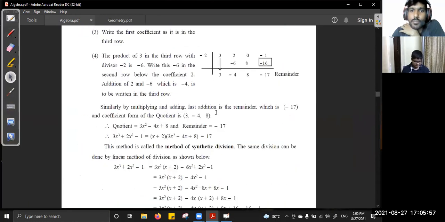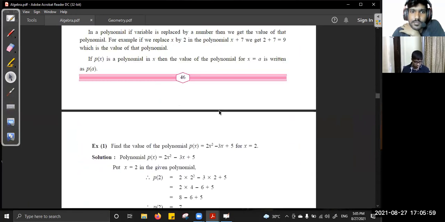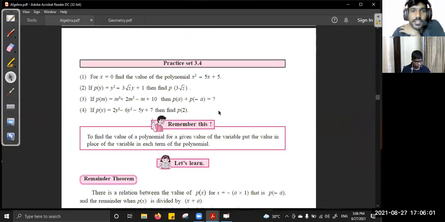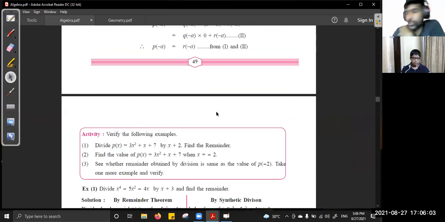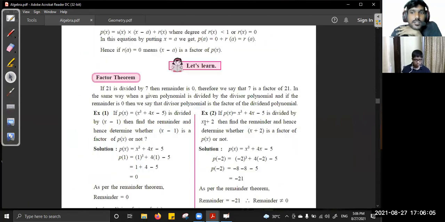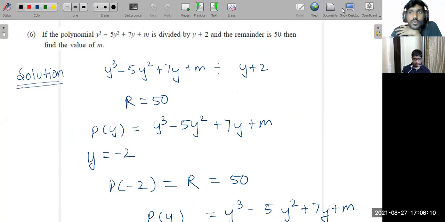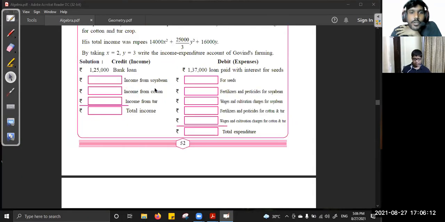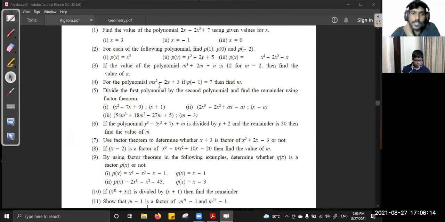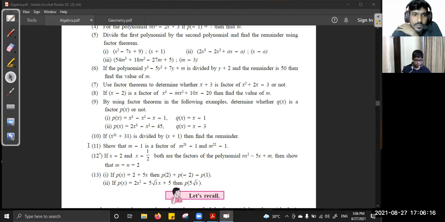We had started with the problem set, no? No, I think the exercise. We were doing the factor theorem. You're doing 3.5. The 6th one we did. I think the last one was the 6th sum that we did. Yes. Okay, so we have 7 to 30.